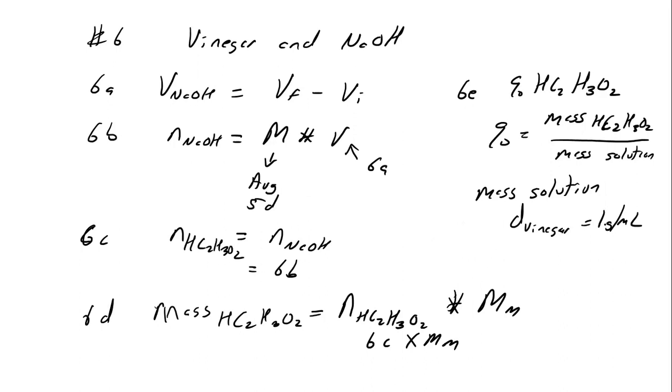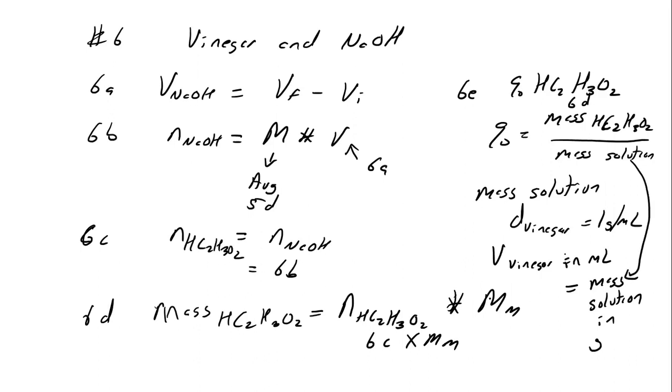So basically, because the density is 1, my volume of vinegar in milliliters is equal to my mass of solution in grams. Okay? So this is going to be 6D, and this is going to be that.